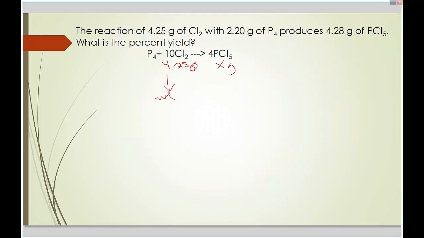Times 2 is 70.9. Moles to moles, we use the coefficients. And then moles to grams, we're going to use the molar mass. We already calculated the molar mass in the last question. It's 208.224.